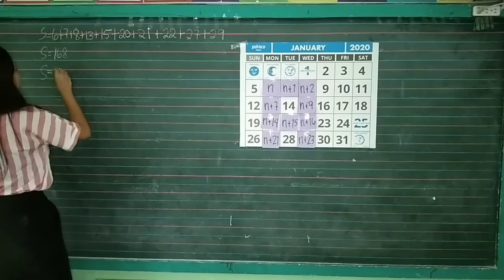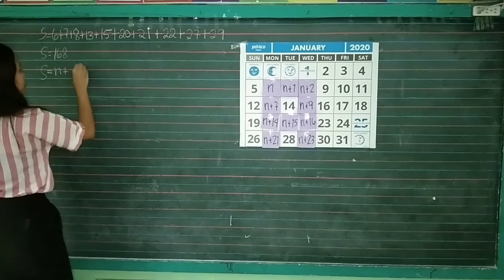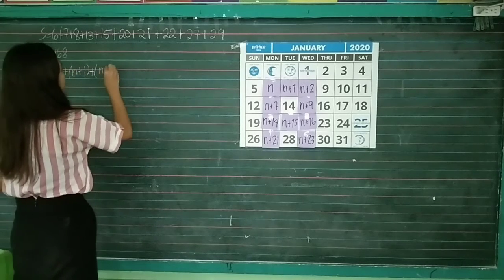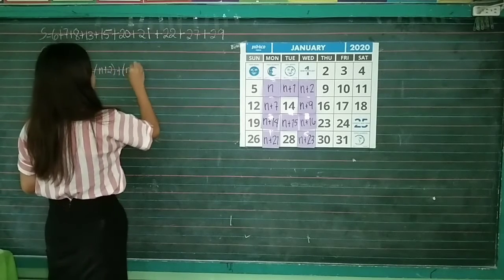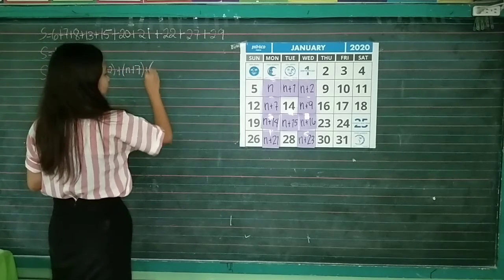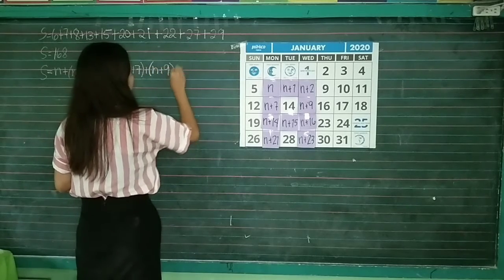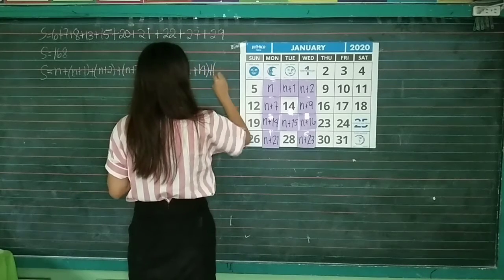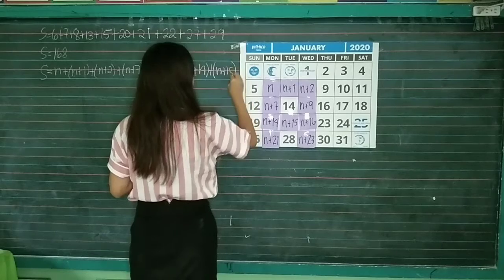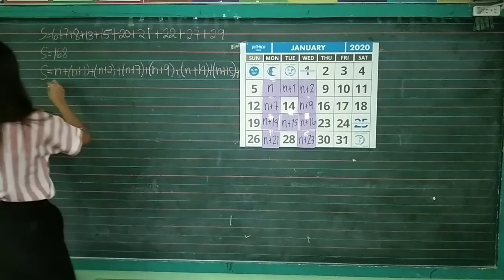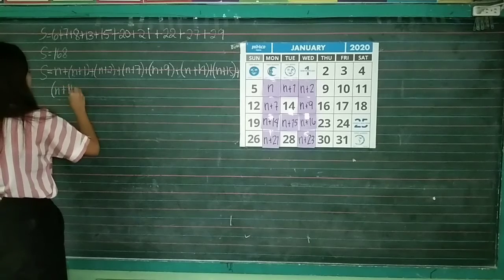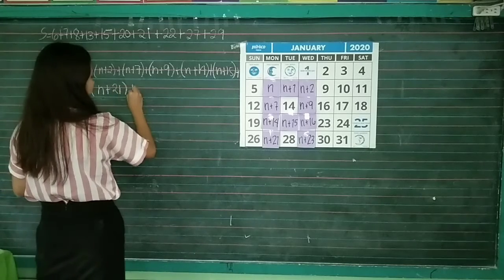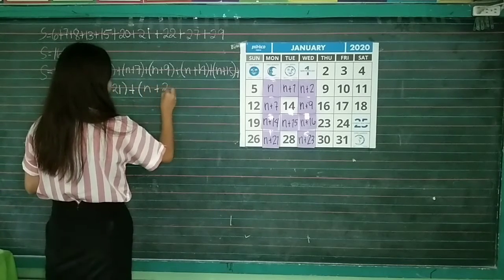So, n plus 1 plus n plus 15 plus n plus 16 plus n plus 21 plus n plus 23.